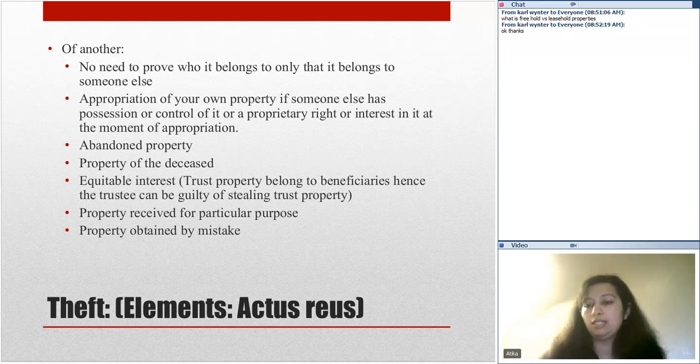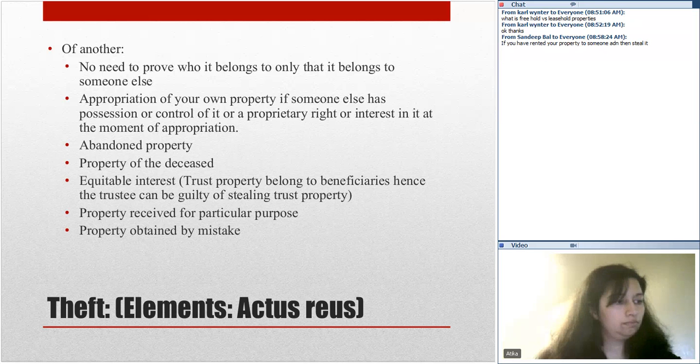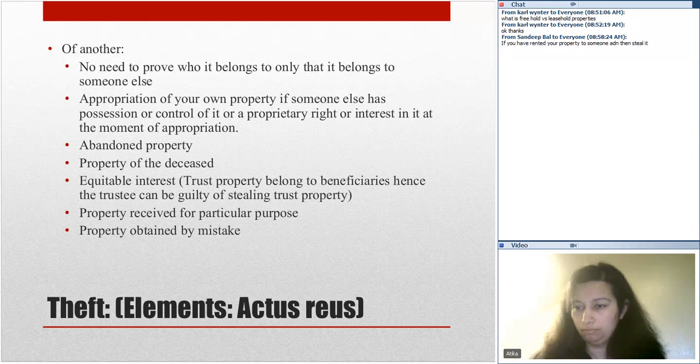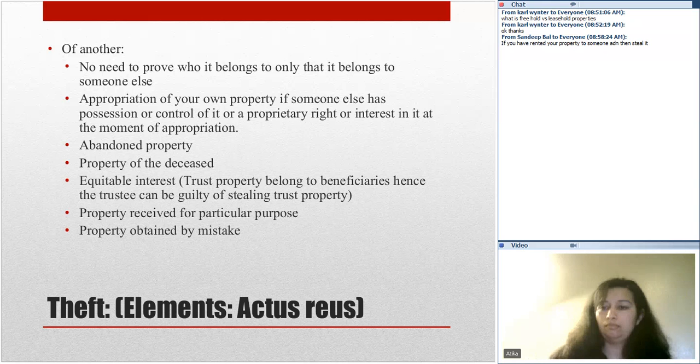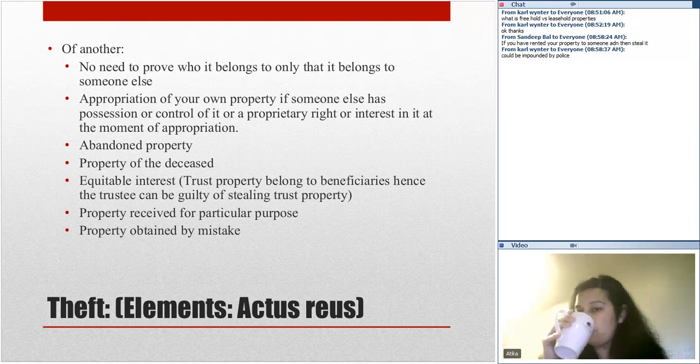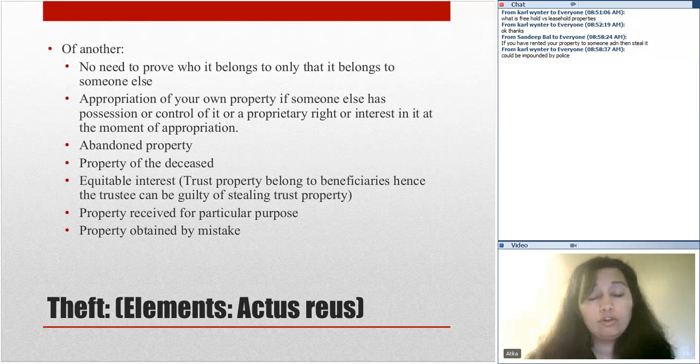What do you think it means? Could be impounded by police, correct?